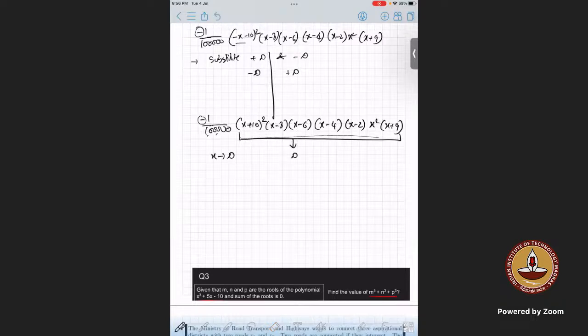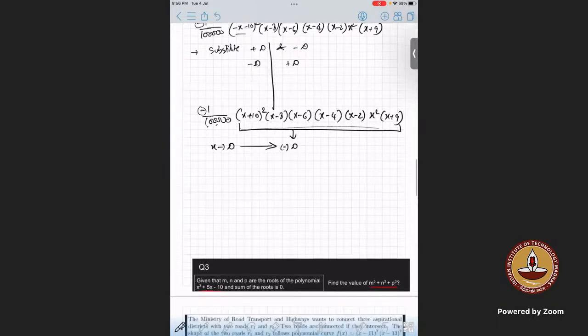But you have the minus symbol, so it will become minus infinity. Agree? And alternately, if x tends to minus infinity, it will become minus into minus infinity, that is plus infinity. Agree?